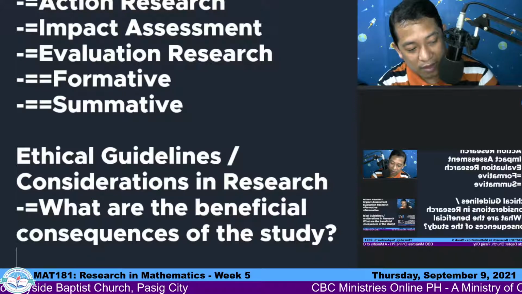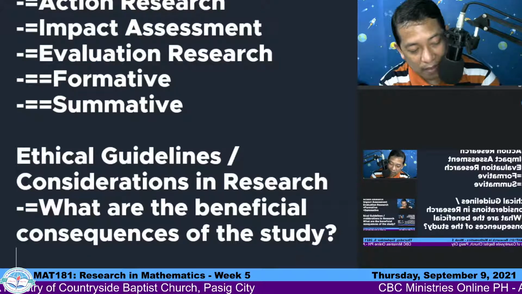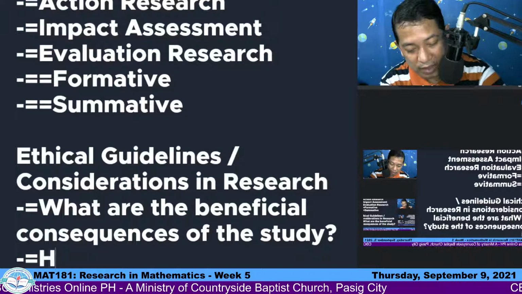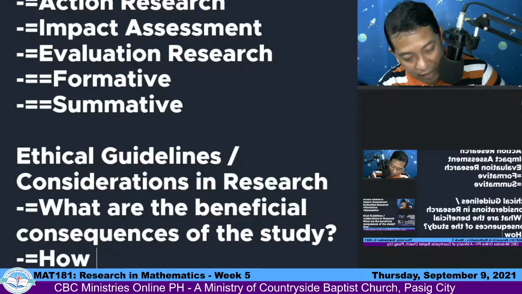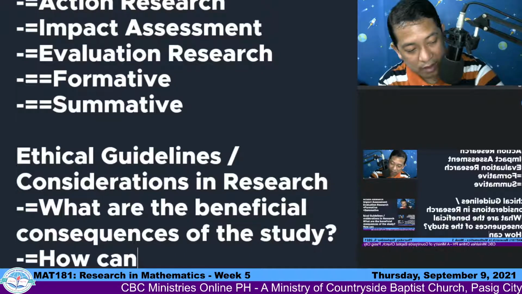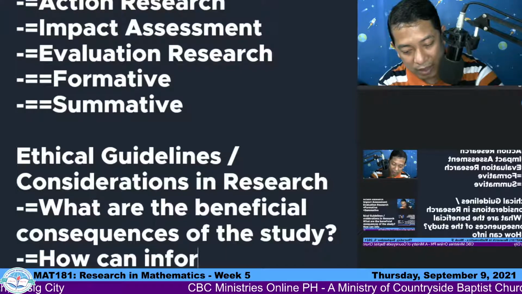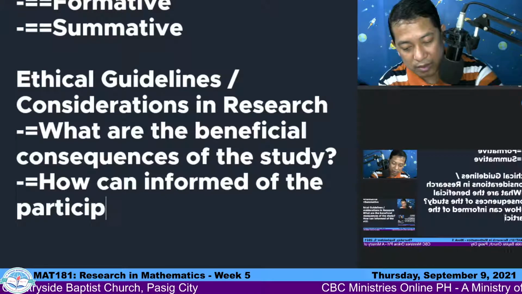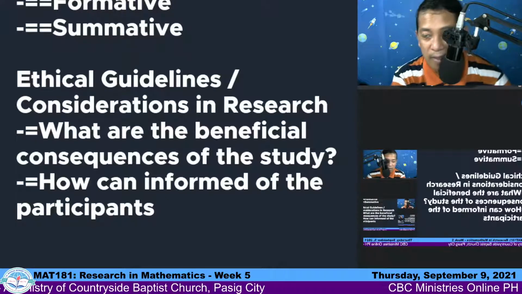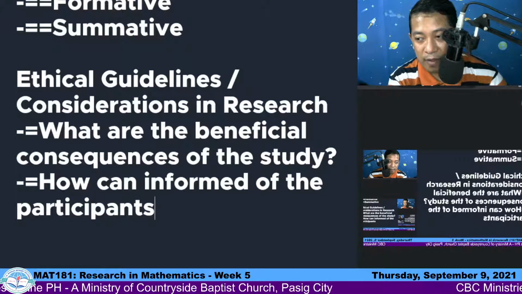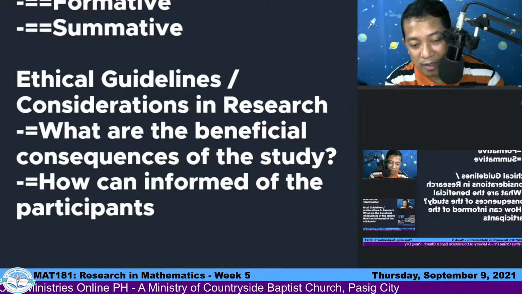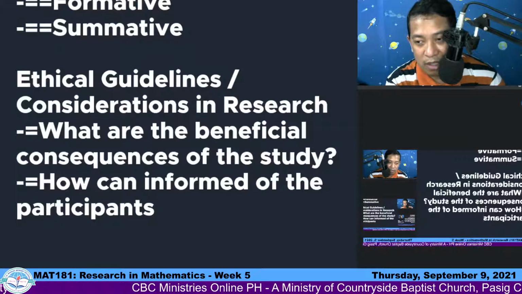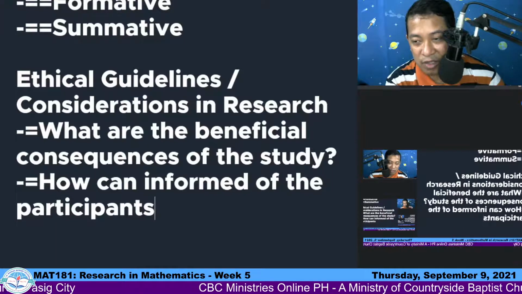And then, how can informed consent of the participants be obtained? Minsan, di tayo nagpapaalam, kinukunan pala natin ng information. So, dapat informed yung ating mga participants of the research, lalo na yung those who have been engaged in our survey, interview, small group discussion, or other things.